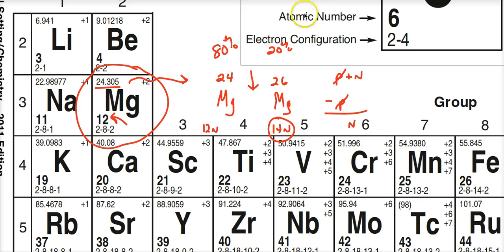So if 80% is correct, then the average is going to be closer to the 24, and that's how it works. So when we do a weighted average problem, which is part of the curriculum, you take 80% of 24 and add it to 20% of 26, and you'd get these numbers.